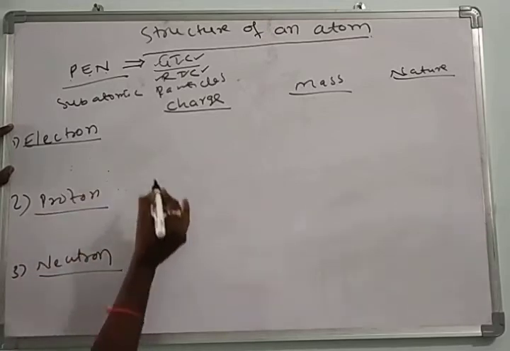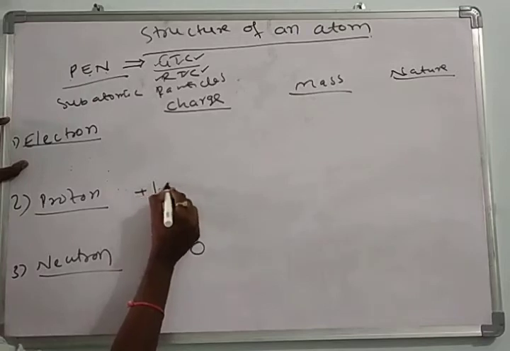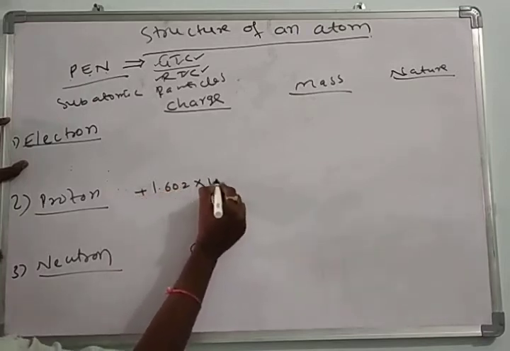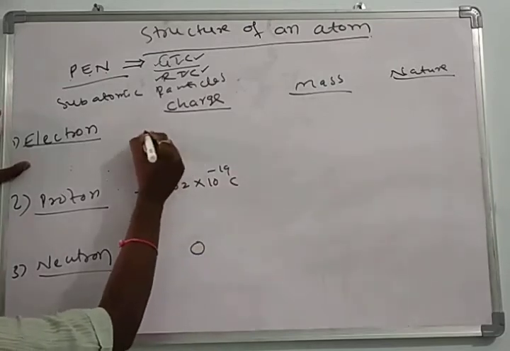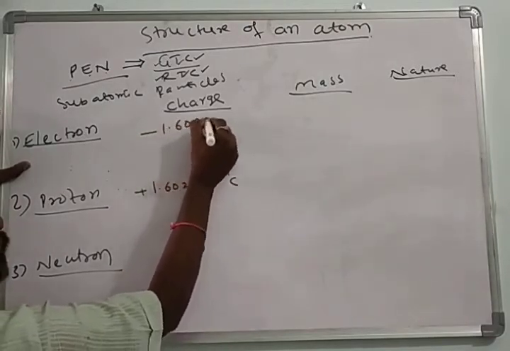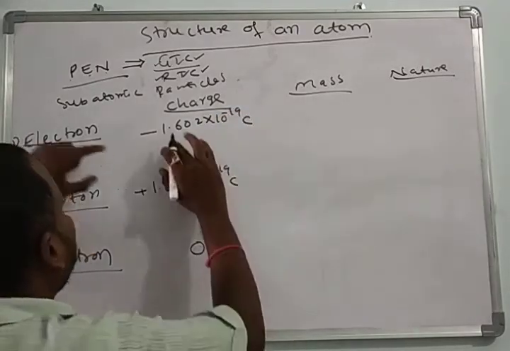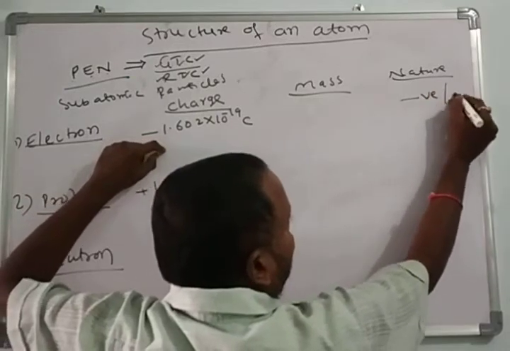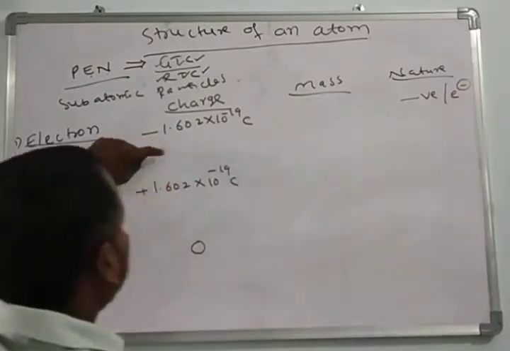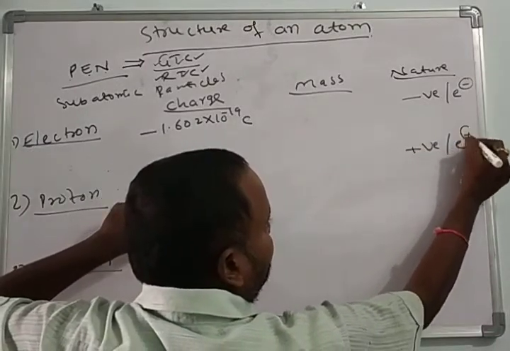What is the charge of neutron? Neutral, 0. Proton is 1.602 into 10 to the power of minus 19 coulombs. Electron is minus 1.602 into 10 to the power of minus 19 coulombs. The charge of electron is negative, so we write e minus. The charge of proton is positive, so we write e plus.